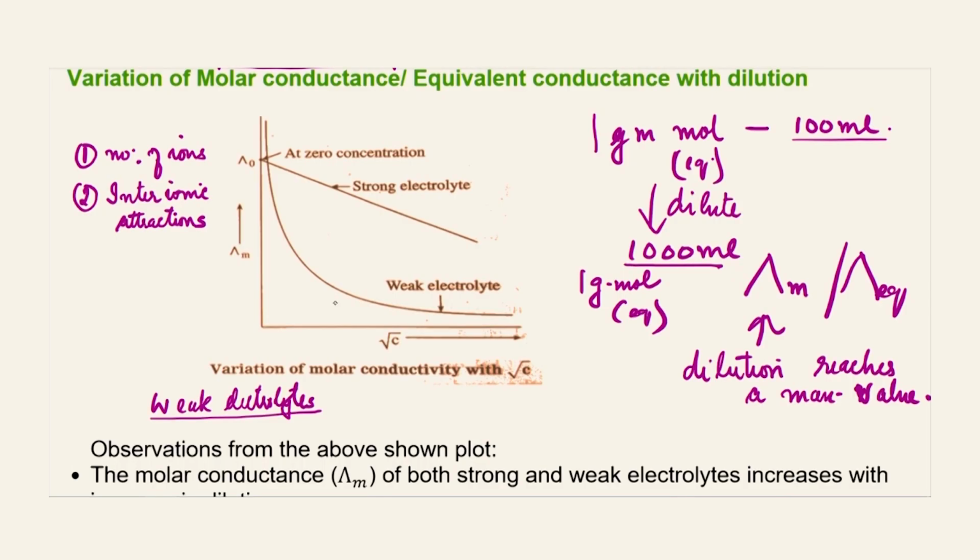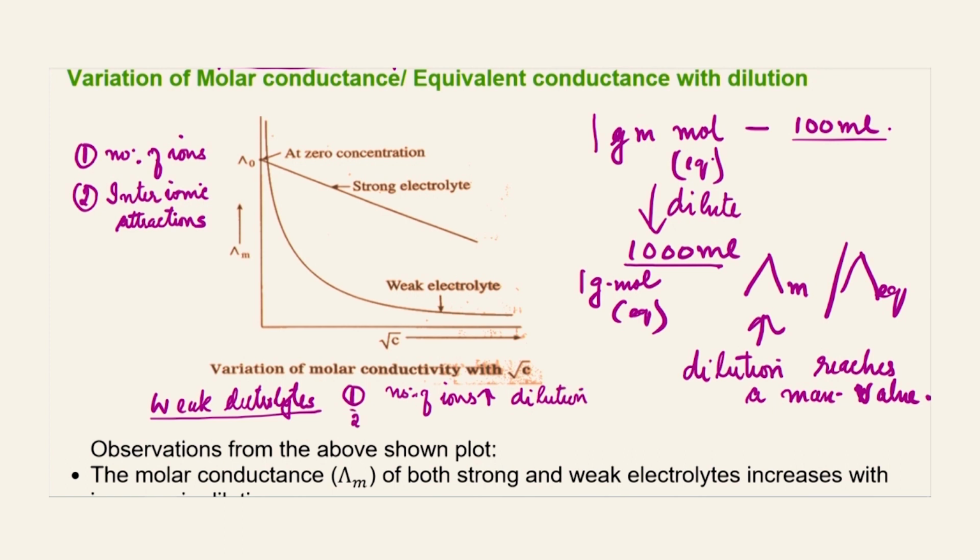Therefore, there are two factors which help to increase the conductance with dilution in the case of a weak electrolyte. When more solvent is added, the ionization increases. Ionization increase means there is an increase in ions. Besides, as the ions move apart, the interionic attraction is decreased, and therefore again ions can carry more current. So, in the case of a weak electrolyte, one is the number of ions increasing with dilution.